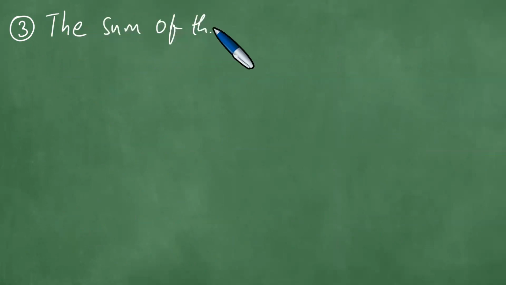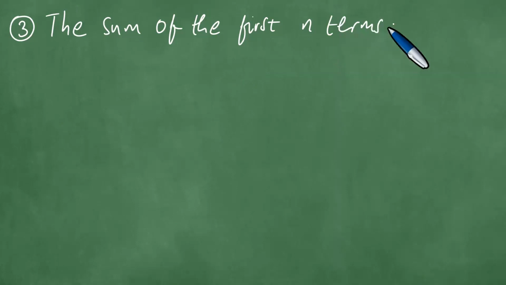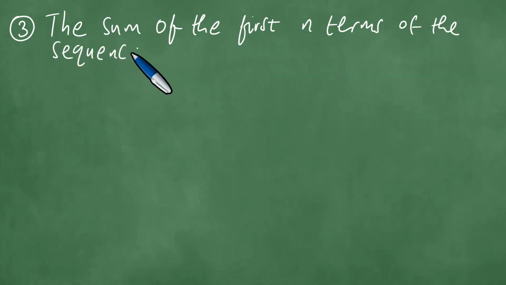The examiner is telling us that the sum of the first n terms of the sequence is -176.